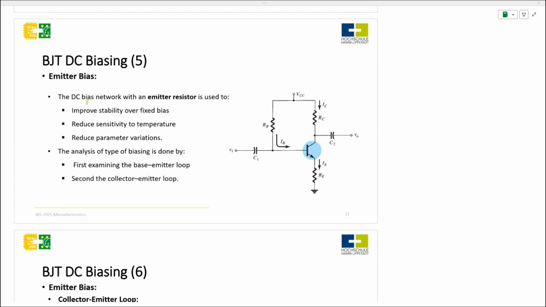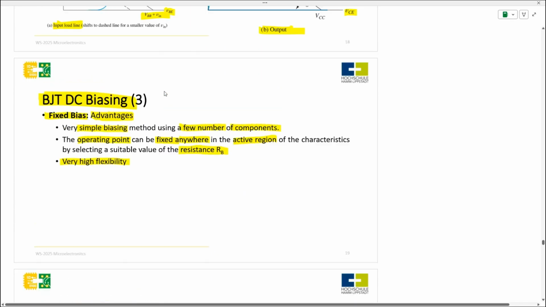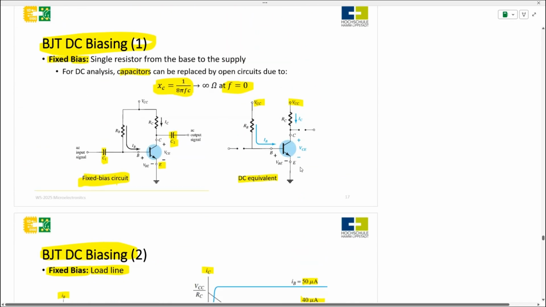The emitter bias in the BJT DC biasing is as follows. The DC bias network with an emitter resistor is used. So that's the difference: we have an emitter resistance here, but in the fixed bias we don't have an emitter resistance.